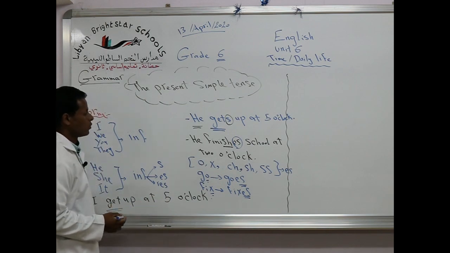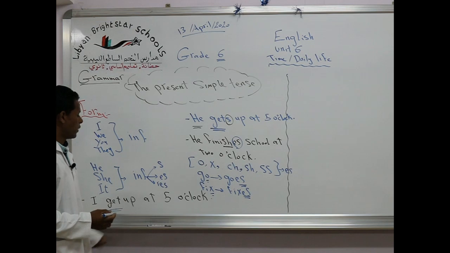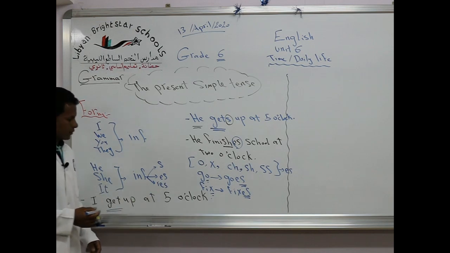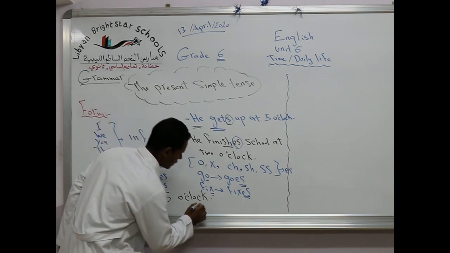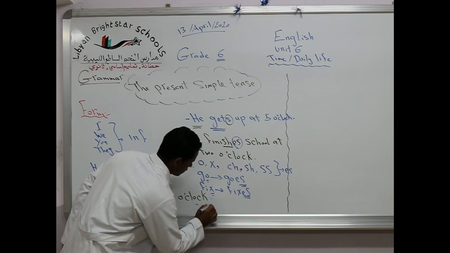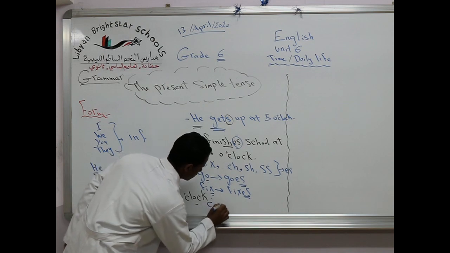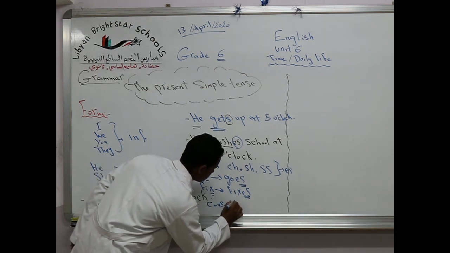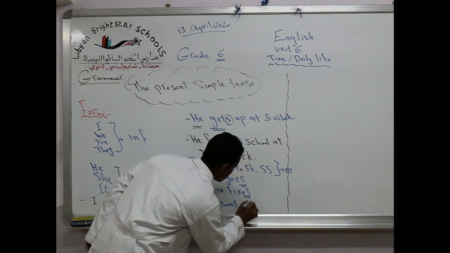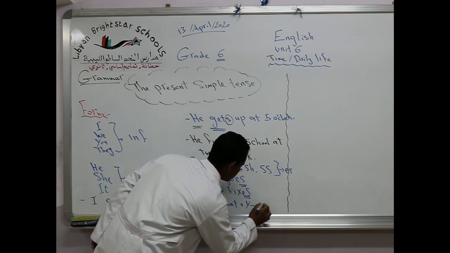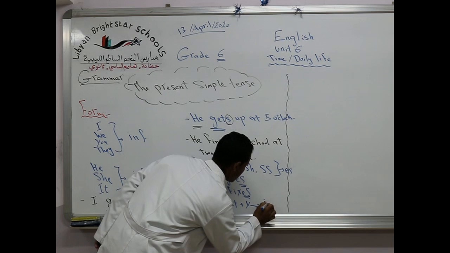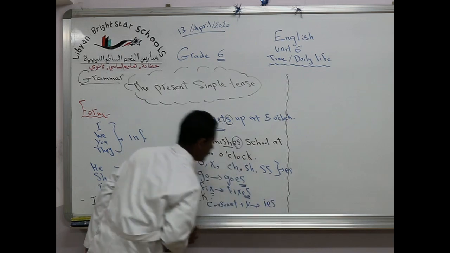And now we will know how to add ies. When the verb ends in a consonant plus the letter y, we remove the letter y and add ies.